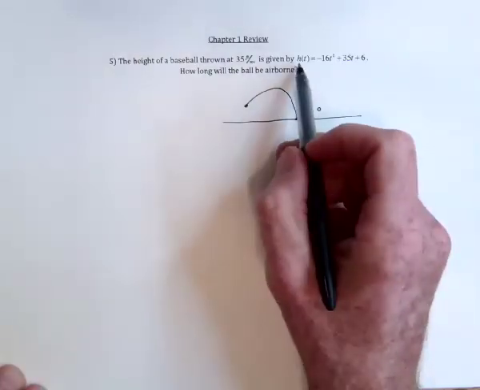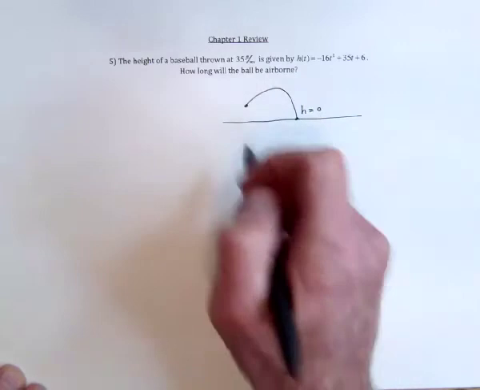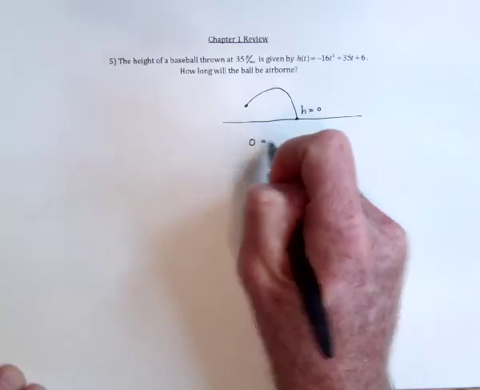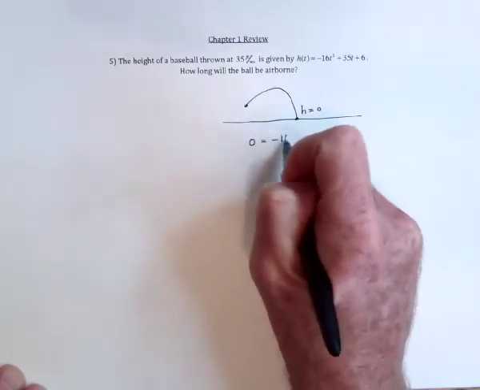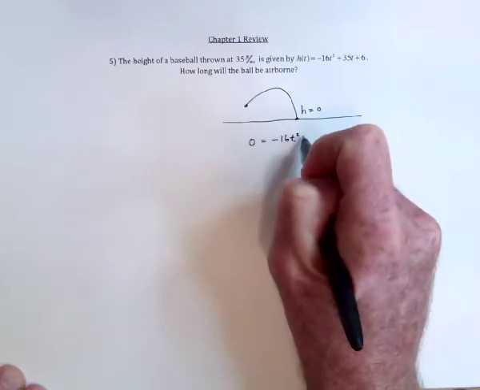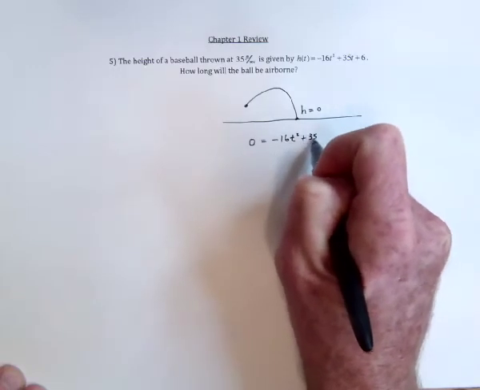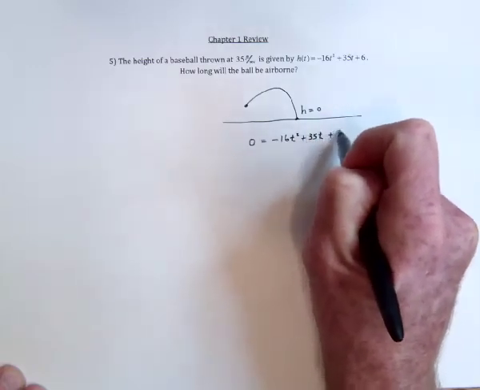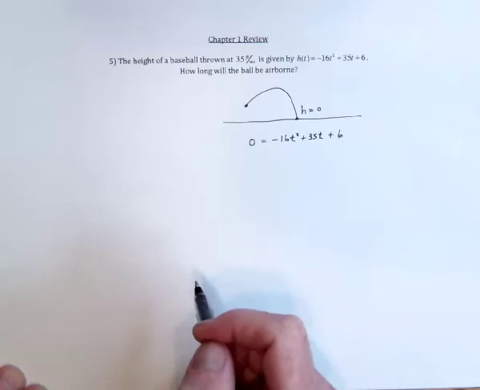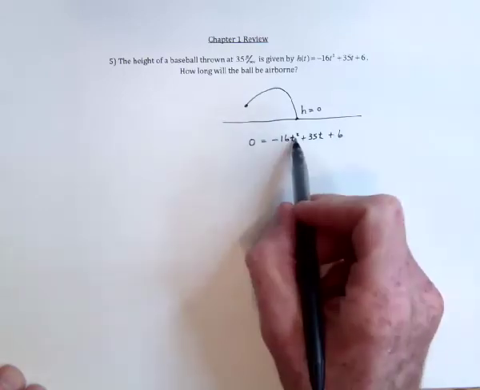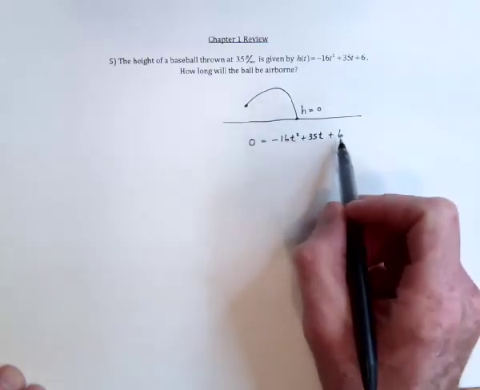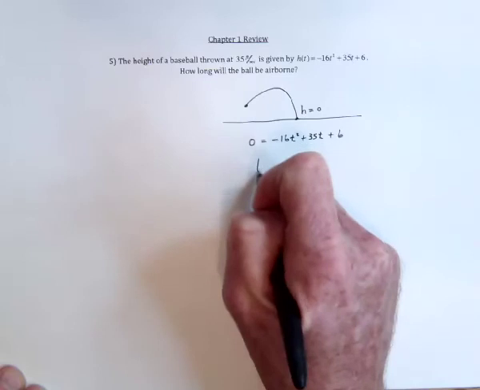So on this side, put 0, and then negative 16t squared, plus 35t, plus 6. And because it's got a t squared, a t, and a constant, we can use the quadratic formula.